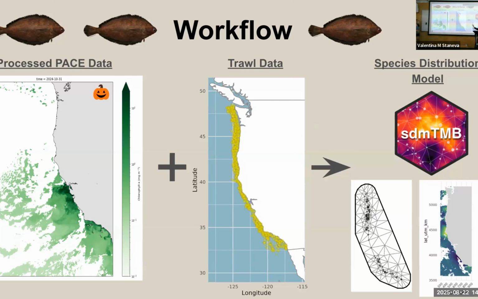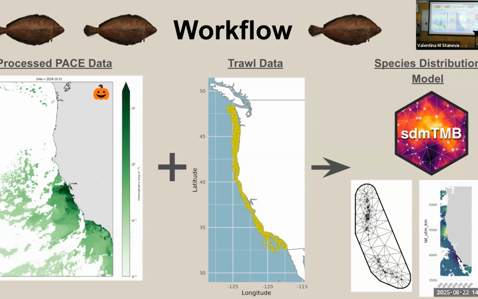And then the trawl data had these discrete points, and I was able to query the specific lat, lon, and time and attach chlorophyll data to it. And the cool thing is now the code is done and it's completely reproducible. You can put in your own lats and longs and time dates that you want. And as PACE data becomes more readily available as time goes on, you'll be able to use it too.